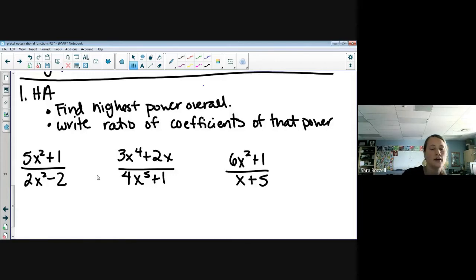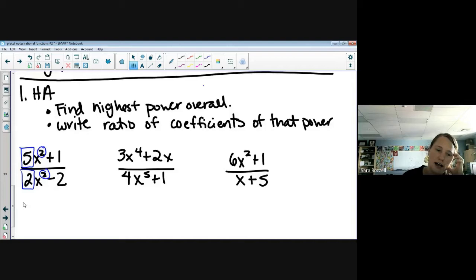All right, let's take a look at our first one. We want to find the highest power overall. So look at all of these terms. What is the highest power that you see? 2, the second power. Okay, so I'm going to circle it. Those are my second powers. I want to write the ratio of the coefficients of that power. The number in front of the x squared term on the top is a 5, and the number on the bottom is a 2.